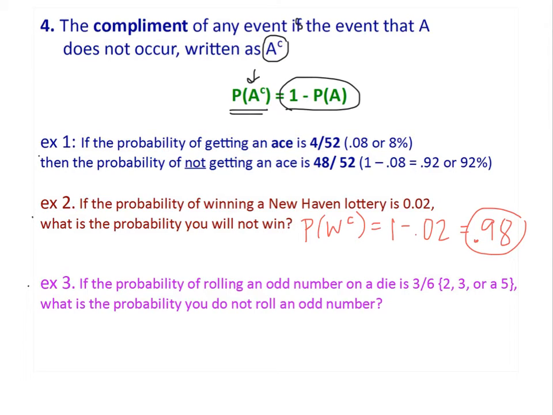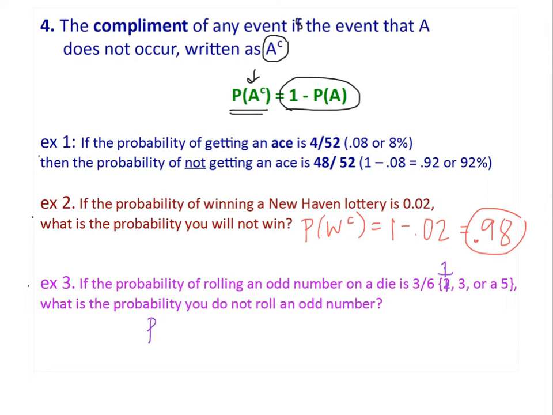Example 3, if the probability of rolling an odd number on a die is 3 out of 6, so the odd numbers would be a 1, 3, or a 5. I had a 2 there, but it's a 1, 3, or 5. What is the probability you do not roll an odd number?